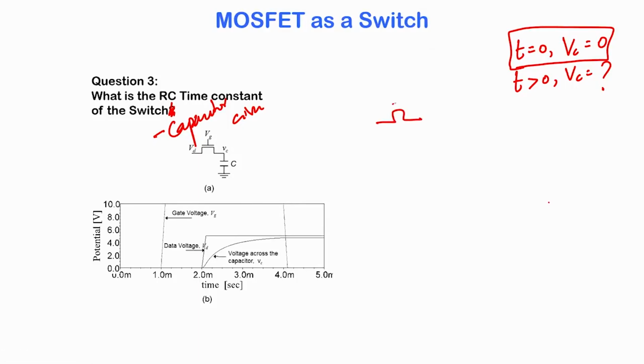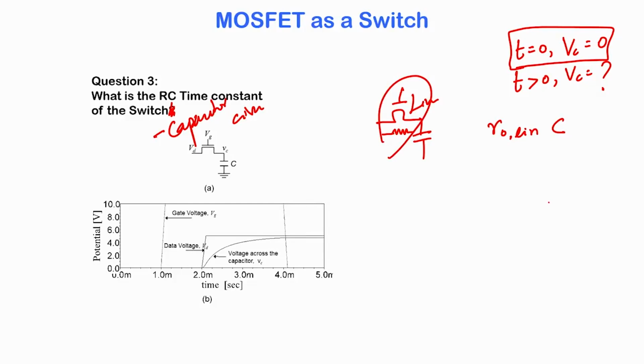So, if you have a MOSFET operating in linear mode and somebody asks you what is the small signal time constant of the MOSFET, it is simply rho in linear into the capacitance of the capacitor. It is an approximate model, and what is the approximation? We have linearized the MOSFET.